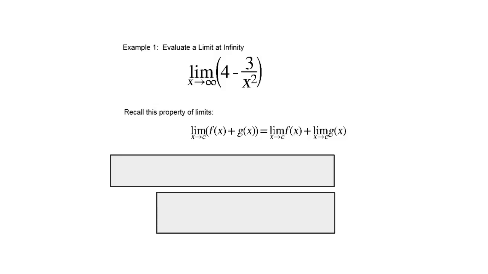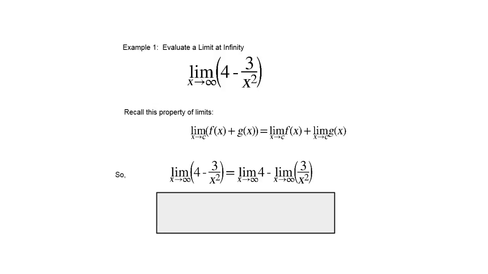That's g of x. And instead of adding, I can subtract and I get the same property. So as you can see here, I am going to split these up into the limit as x approaches infinity of 4 minus the limit as x approaches infinity of the quantity 3 over x squared.